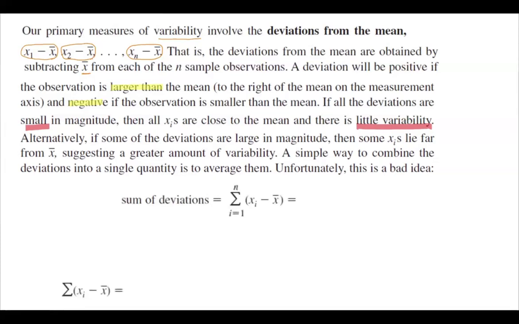Why is that? The summation of xi minus x bar can be written as, you can move the summation into parentheses, the summation of xi's minus the summation of x bar. You're just adding all of these observations together minus n times x bar.